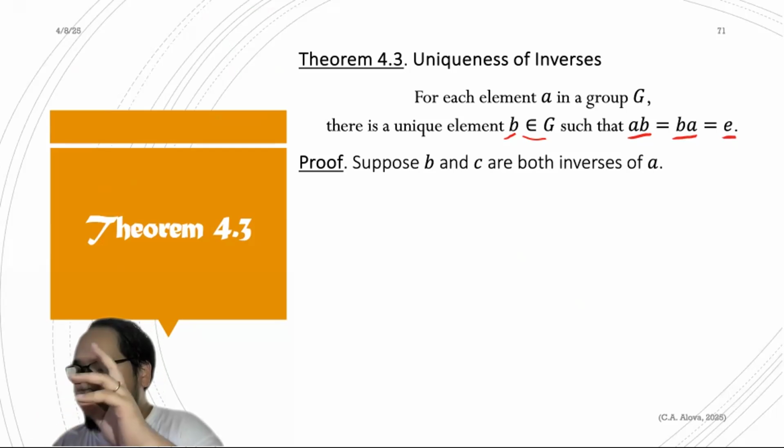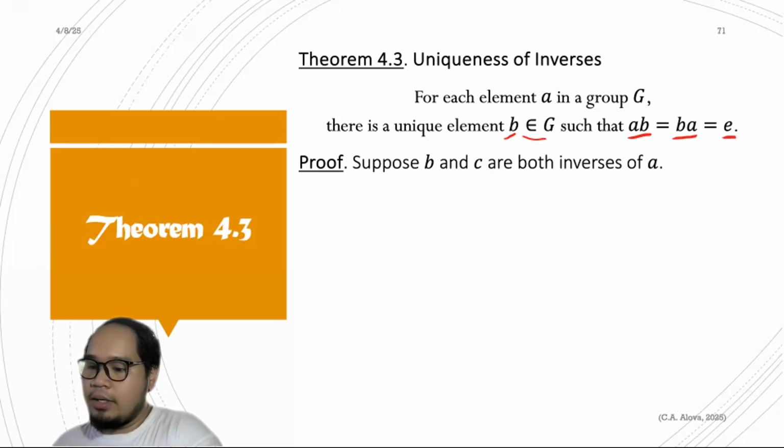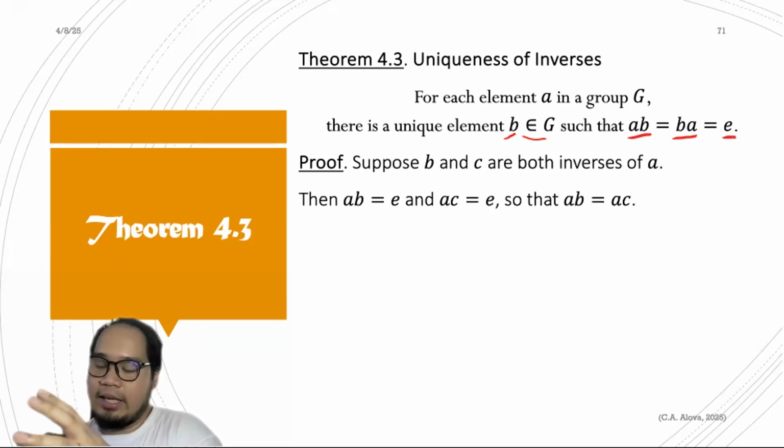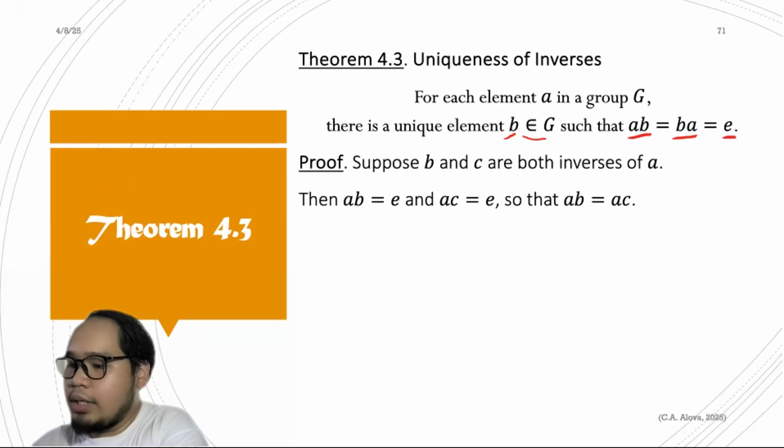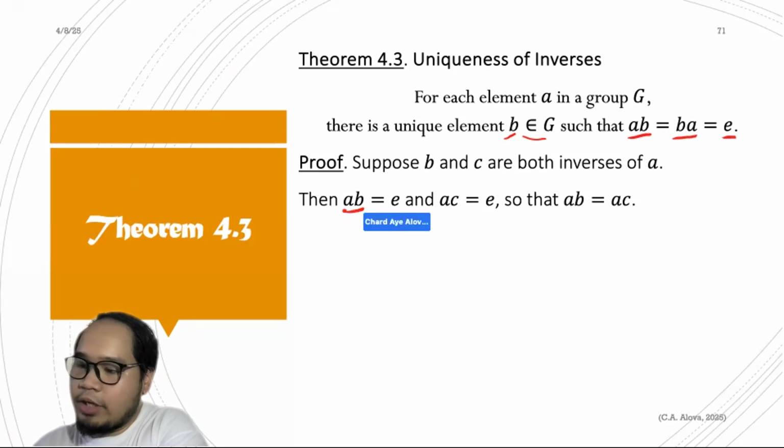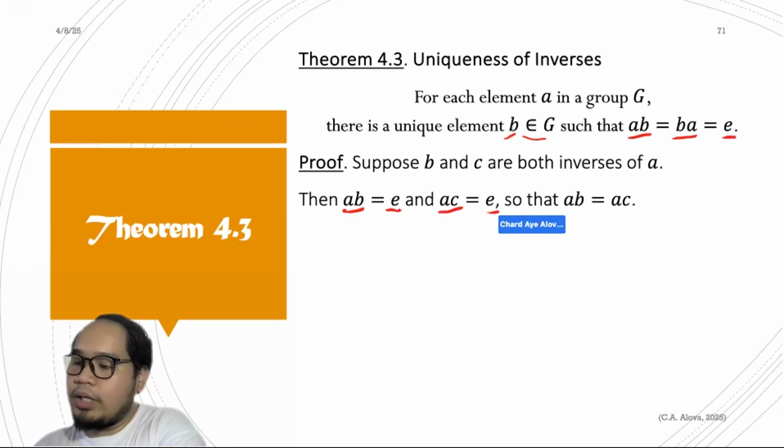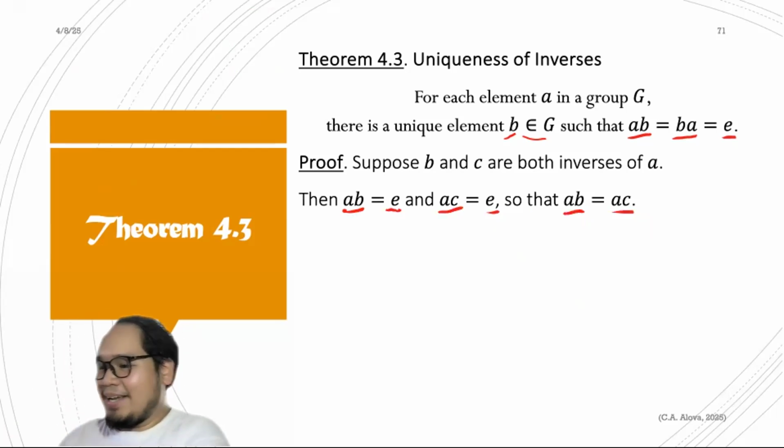If both of them are inverses of A, then it will be clear that A times B is equal to E, and A times C is equal to E, because B is an inverse of A, and C is an inverse of A as well. So this shows us that AB equals AC. Now, I guess you know what will happen next.